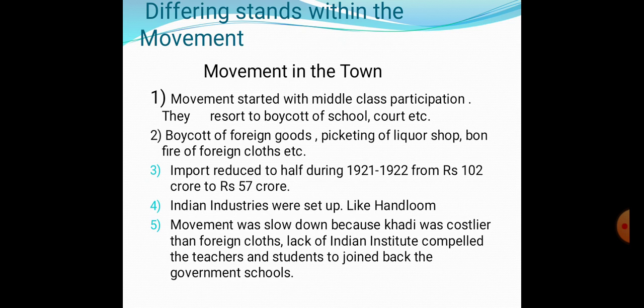They resorted to boycott of school, court, foreign clothes, foreign goods, picketing of liquor shop, bonfire of foreign clothes, etc. In this time, Indian import of foreign goods from Britain reduced to half. In 1921 to 1922, the import reduced from 102 crores to 57 crores.